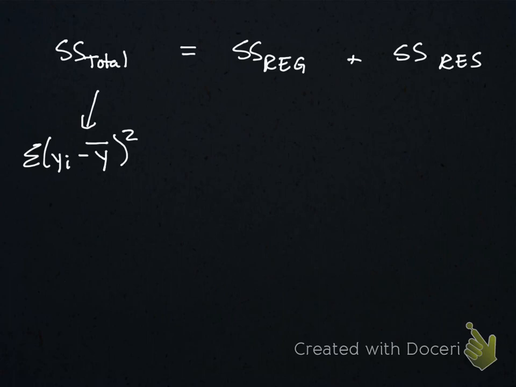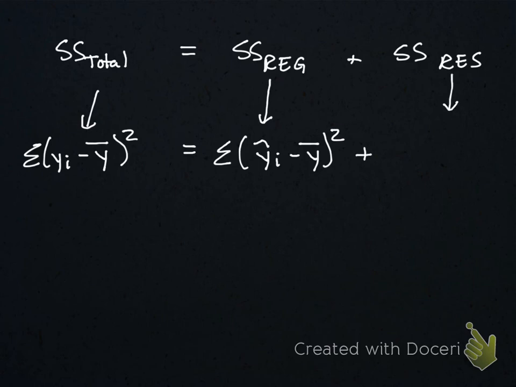Well, whatever we get for that total sum of squares is going to be equal to the sum of squares regression. And to calculate the sum of squares regression, we take the sum of each person's predicted y score on the basis of our model minus the mean on that variable, squared. That's our sum of squares regression, plus our sum of squares residual, which we've actually already mentioned a few times.